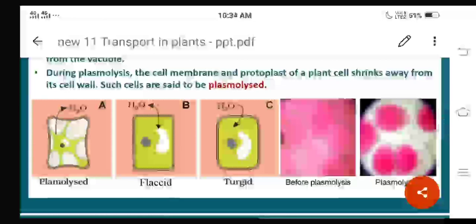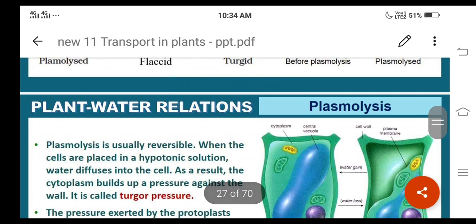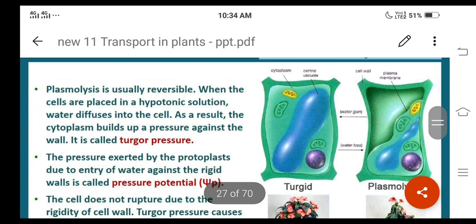Let us move on to the other points. Plasmolysis is usually reversible. It means when the cells are placed in a hypotonic solution, water diffuses into the cell. As a result, the cytoplasm builds up a pressure against the wall, called the turgor pressure.